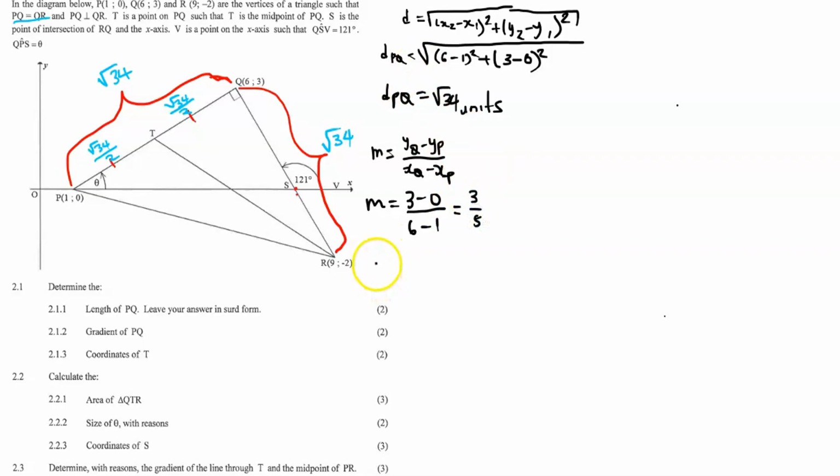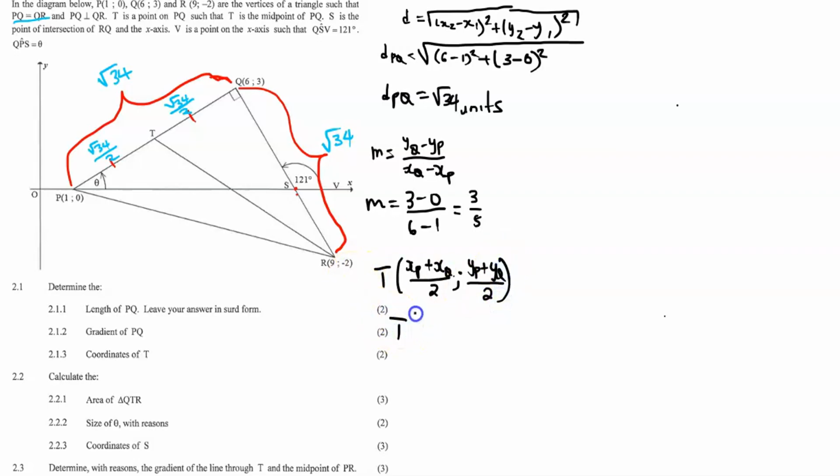And then we go to 2.1.3. It says the coordinates of T. So T is the midpoint, and we do know that the midpoint is equal to x1 plus x2, all that is over 2. And for the y value, you just say yP plus yQ, and all that is over 2.